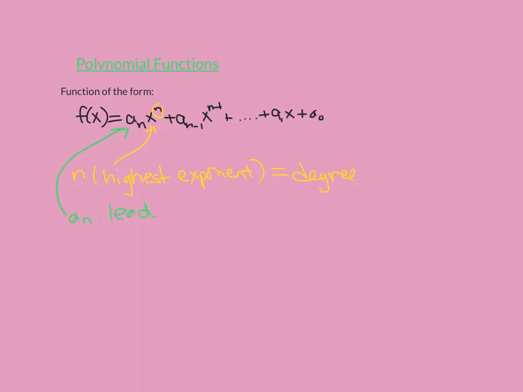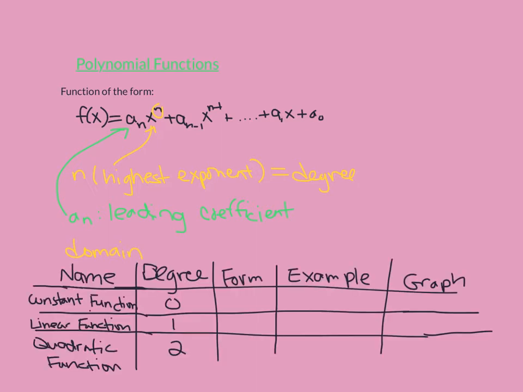So those are important terms to know. You're probably not going to be tested specifically on these words, but they're going to come up again and again and again, so just make sure you know what they are. So for any polynomial, the domain is the set of all real numbers.